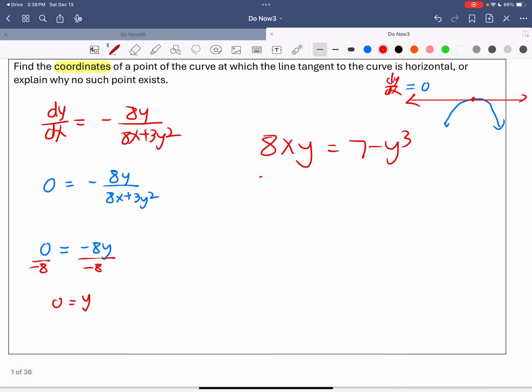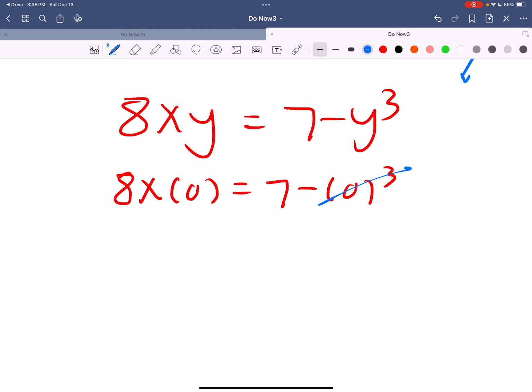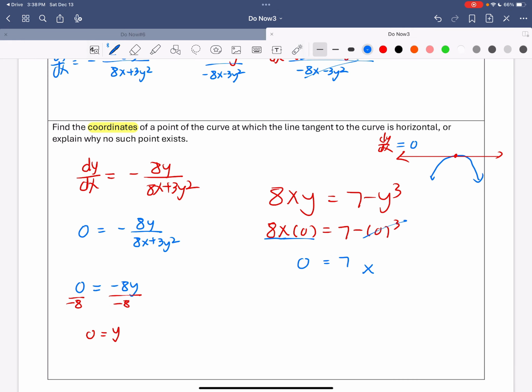And here, instead of y, I'm going to now plug in 0 because that's what we're trying to find. Let's see what we get. So that disappears, so we get 7. The problem is 8 times x times 0 will turn into 0, and 0 equals 7. This does not make sense, which means no solution.